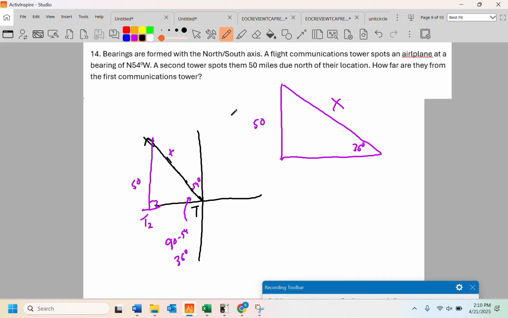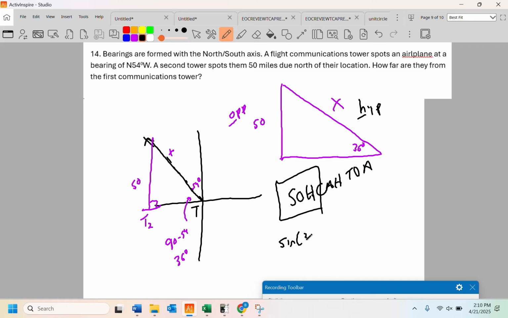What do I have? I have the opposite side, and I have the hypotenuse. So I cycle through SOHCAHTOA, and I decide I'm SOH. The sine of 36 degrees must equal 50 over x, and this is a two-stepper from here. First step, multiply both sides by x. Cancellation on the right-hand side.